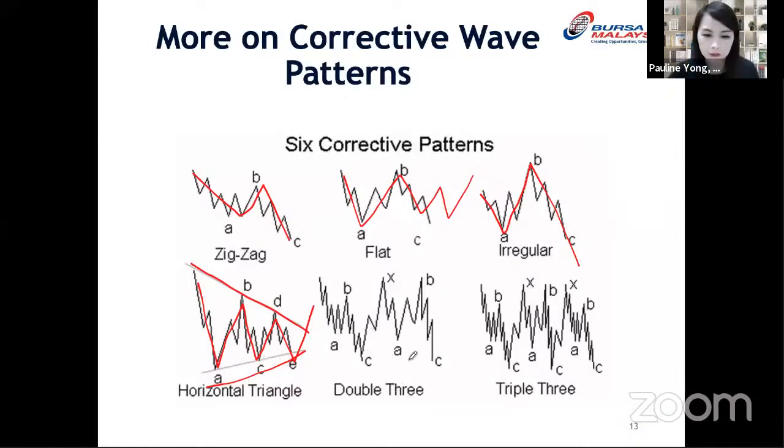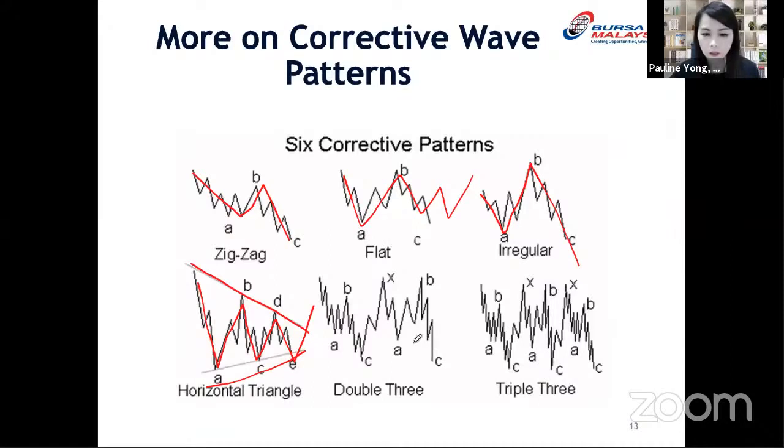And then you have the double 3, whereby you have 2 of these flats together. Sometimes you have a combination: a zigzag followed by a flat also can. And then triple 3 will be a combination of these as well. You can have 2 zigzags, or 2 flats, or a combination.